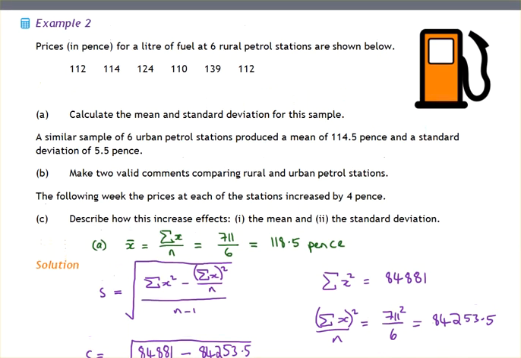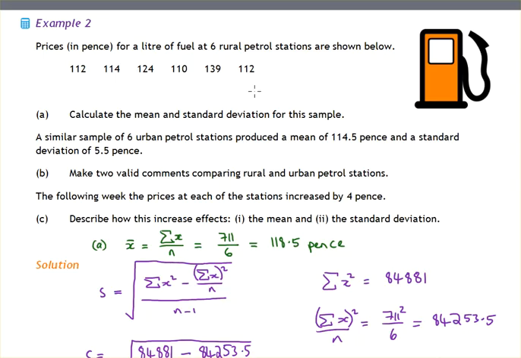If you think about it, you add 4 pence onto each of these, then that's going to be 6 4 pences that get added on, and then you're going to divide that new total by 6 to recalculate the mean. You don't actually need to recalculate the mean, because if you have 4 and you multiply it by 6 and then you divide it by 6, then you're going to get back to 4.